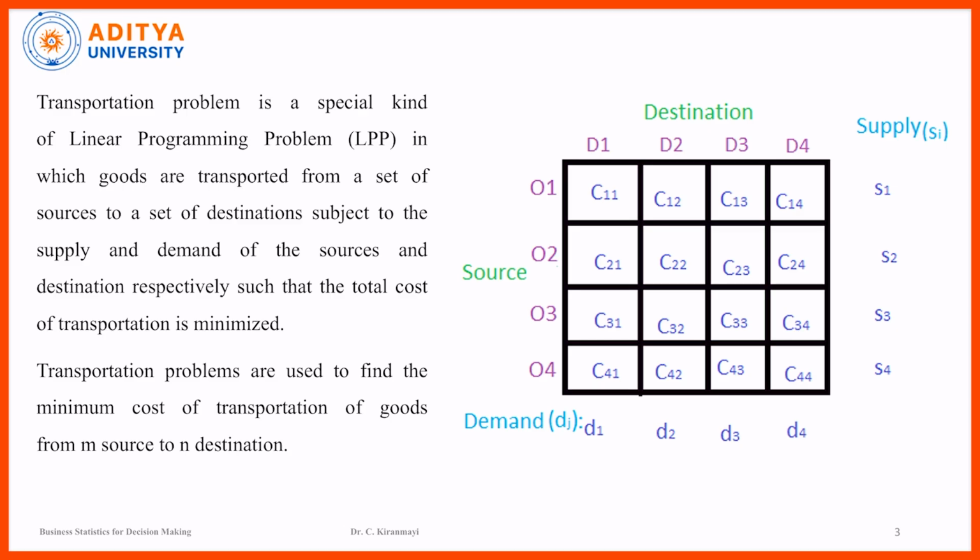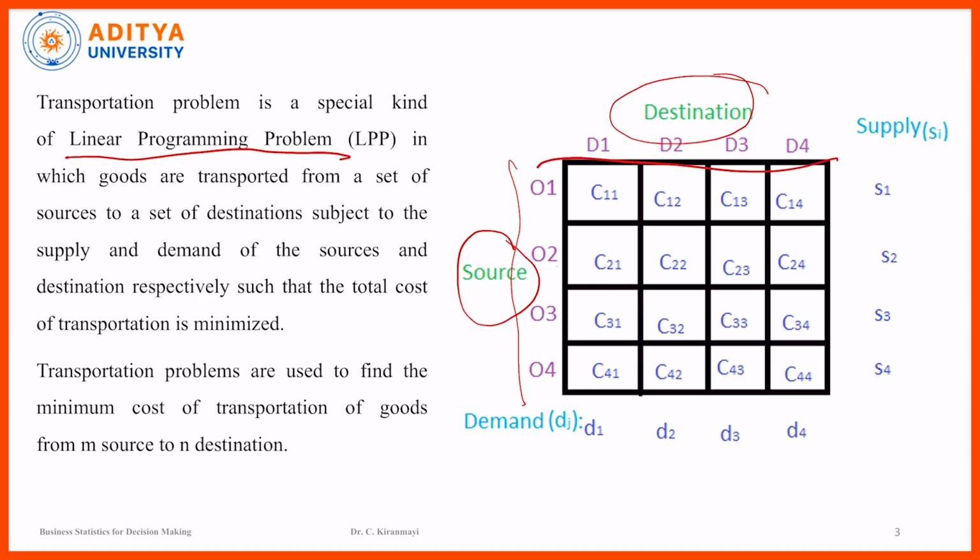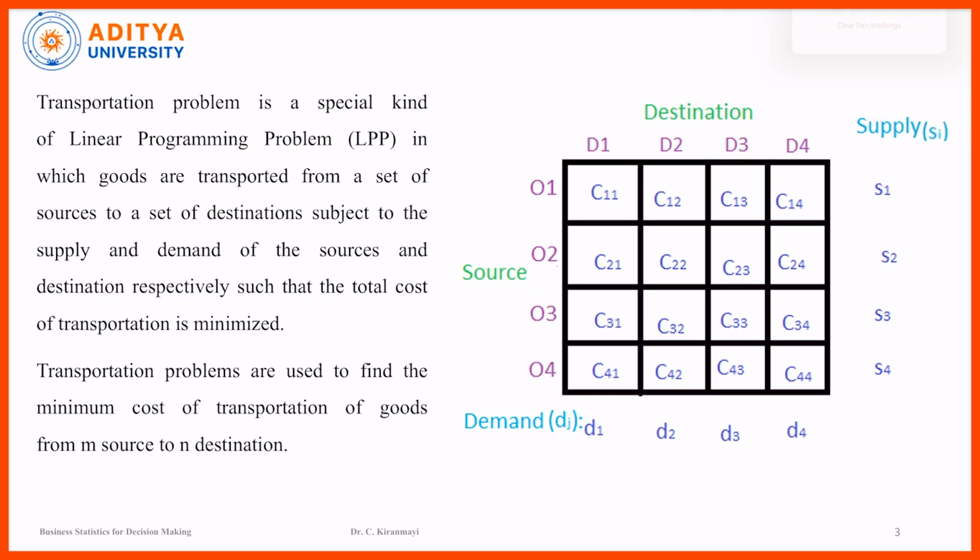And what is a transportation problem? Transportation problem is a special kind of linear programming problem where there will be various sources and destinations. An organization may have different origins from which products are to be supplied to different destinations, such as destination 1, 2, 3 and 4, with certain constraints on demand and supply.